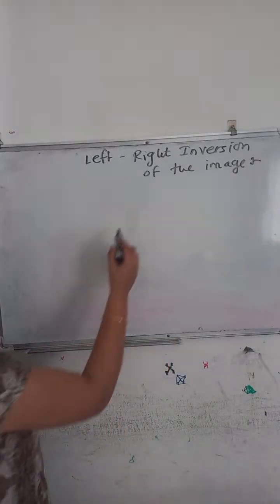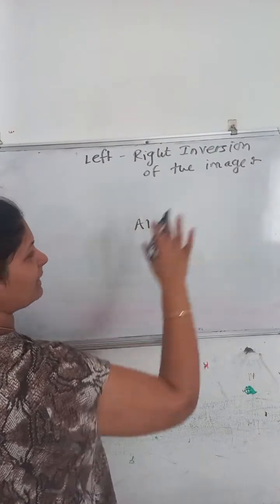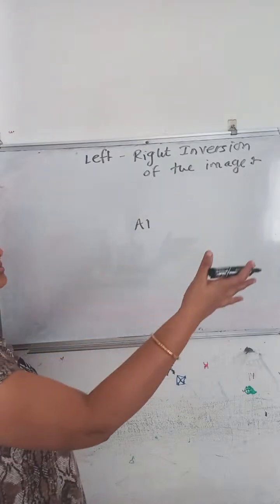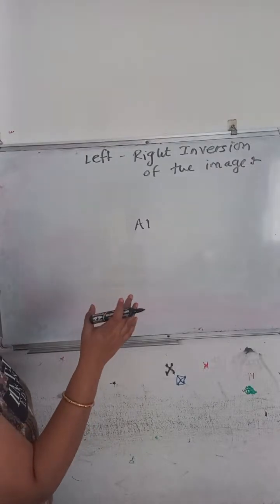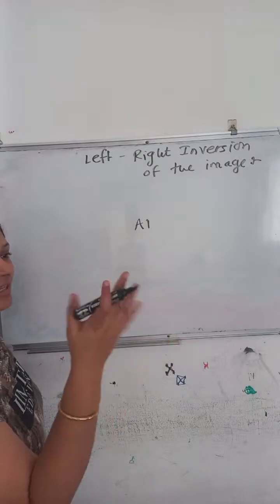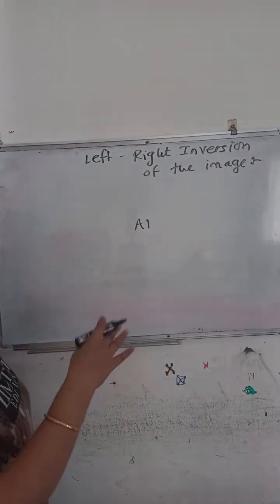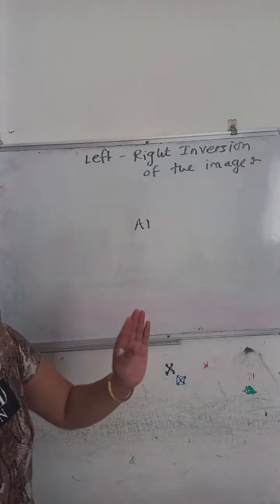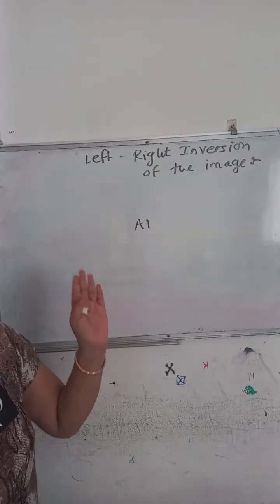Otherwise I am writing ambulance in the normal way, but in someone's mirror, suppose there is a car ahead and it can see that an ambulance is coming, but they cannot understand the words because they are all reversed. Because the letters are laterally inverted, right appears to the left and left to the right.